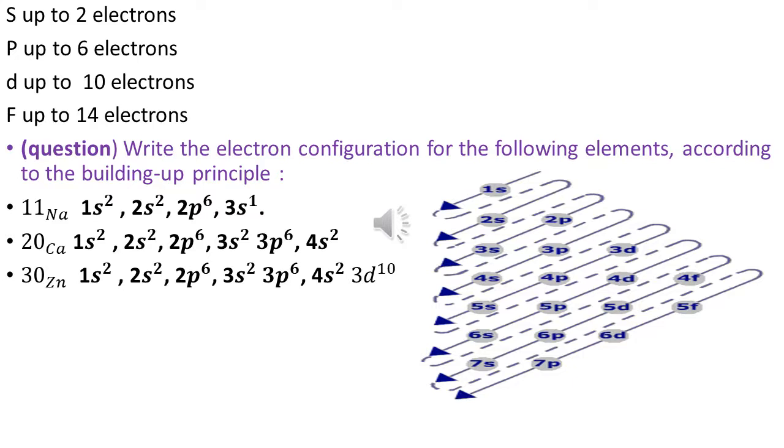Summing the number of electrons, 2 plus 2 plus 6, we have 10 electrons, and the rest of the atomic number of sodium is 1, so 3s1. Calcium 20: 1s2, 2s2, 2p6, 3s2, 3p6, 4s2. Zinc 30: 1s2, 2s2, 2p6, 3s2, 3p6, 4s2, 3d10.